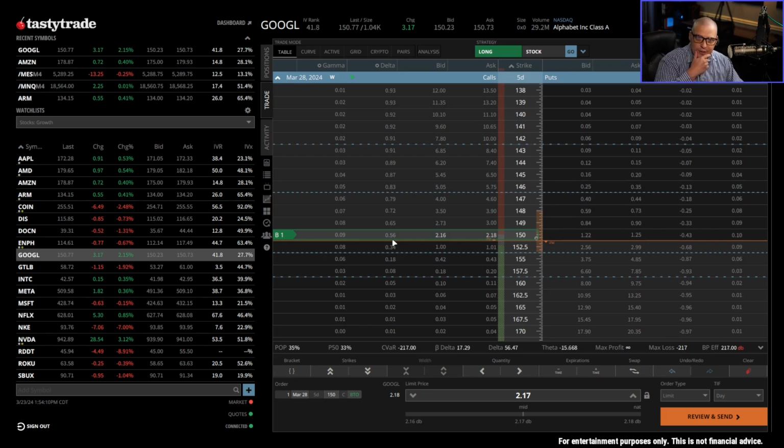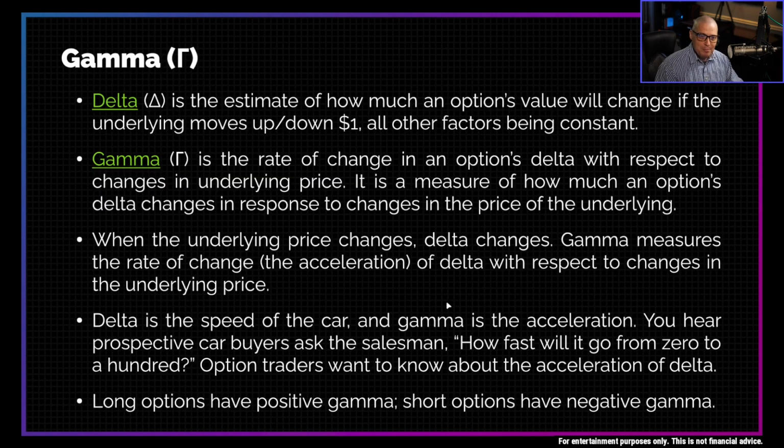Well, I can figure out what my next delta level will be on that second dollar movement, because gamma will tell me that my next delta will be not 56 but 64 on that next dollar movement. So you can think of gamma as a way to give you the delta $2 away instead of just $1 away. I hope that makes sense.